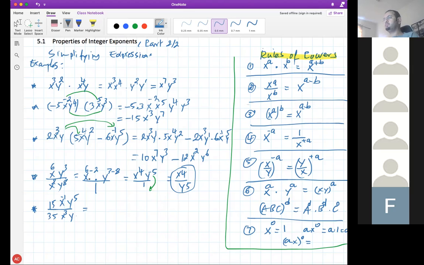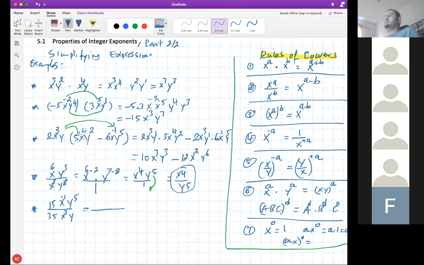Professor, can we divide it? Can we divide? Yes, what do we divide? For example, 15 over 35. That's right. So first, we would start with the fraction. You want to reduce it. So what do we reduce this by, the 15 and 35?